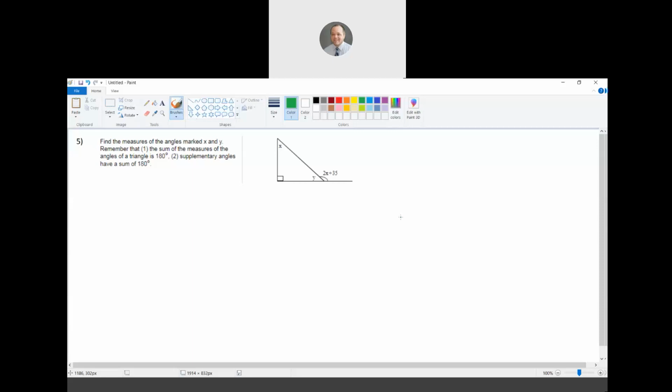So let's use that information to set up our first equation. Sum of all the measures of the triangle, or X plus Y. And y'all know anytime you see a box, that means 90 degrees or right angle, plus 90 equal to 180.